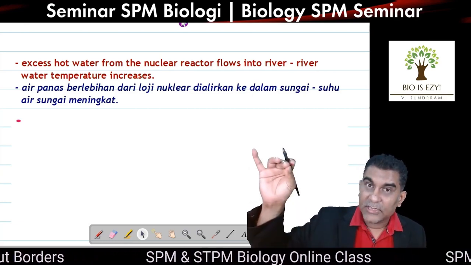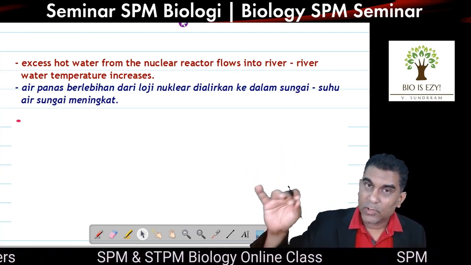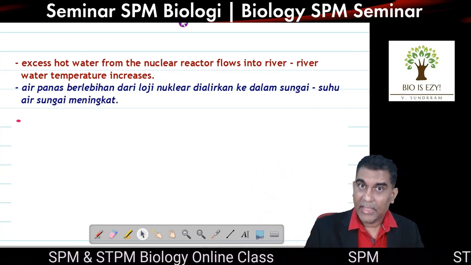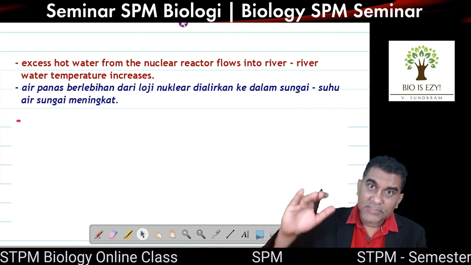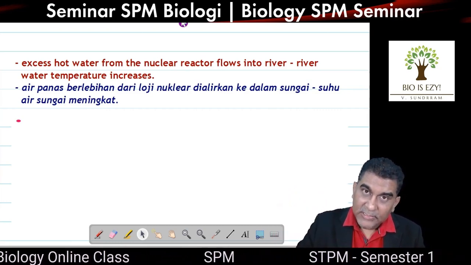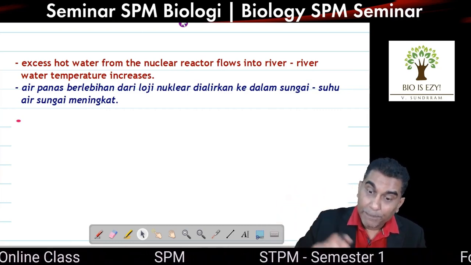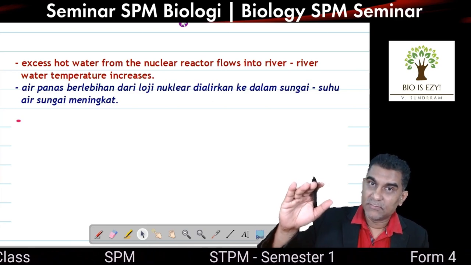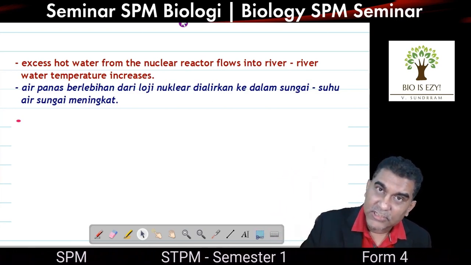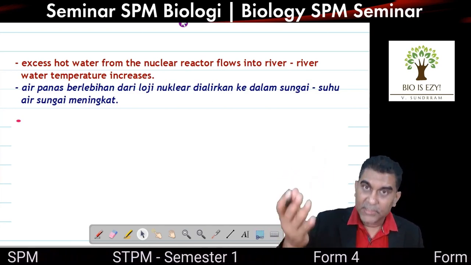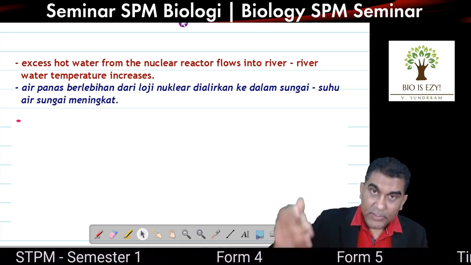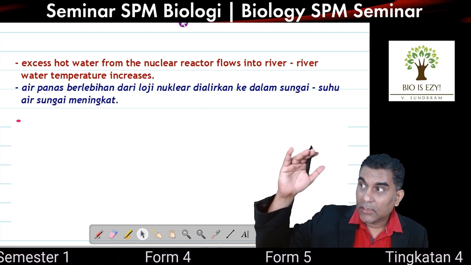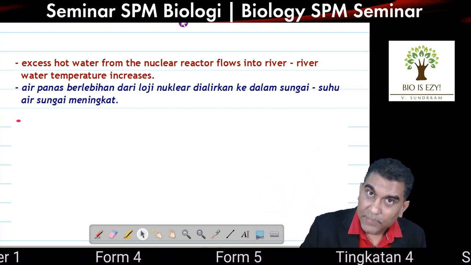And that's what this temperature is going to do. When the temperature increase, the bacteria become more active, BOD increase, dissolved oxygen starts to decrease. Suhu meningkat, bakteria pengurai menjadi lebih aktif, BOD meningkat, oksigen terlarut akan mula berkurangan.